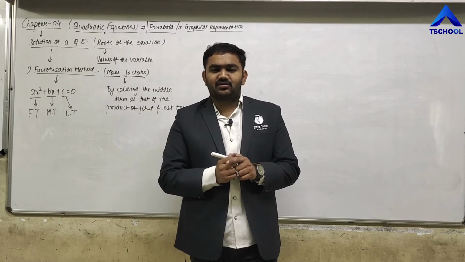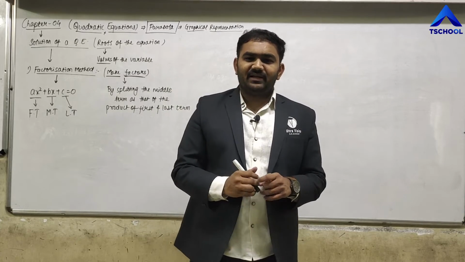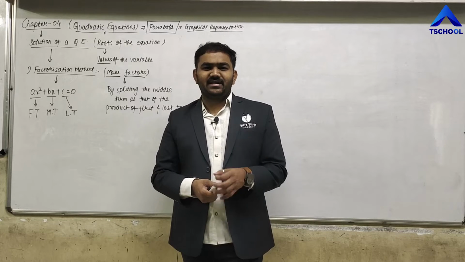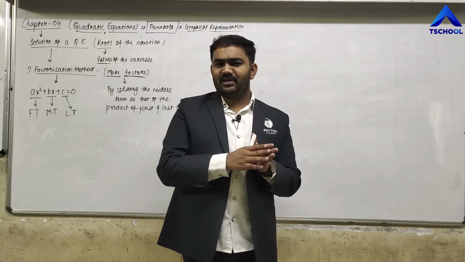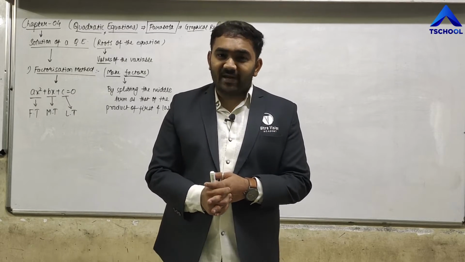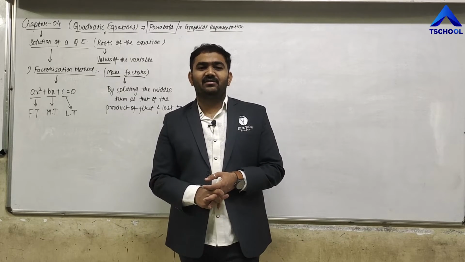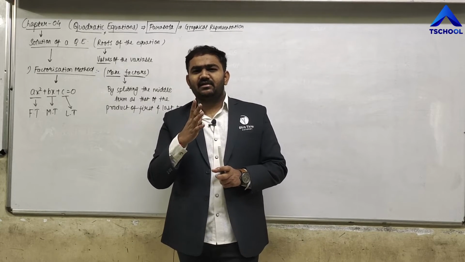This method leads to splitting the middle term such that it can be represented as a sum or difference, that means an addition or subtraction of the factors that we get by the product of first and last term. Is it clear or not?